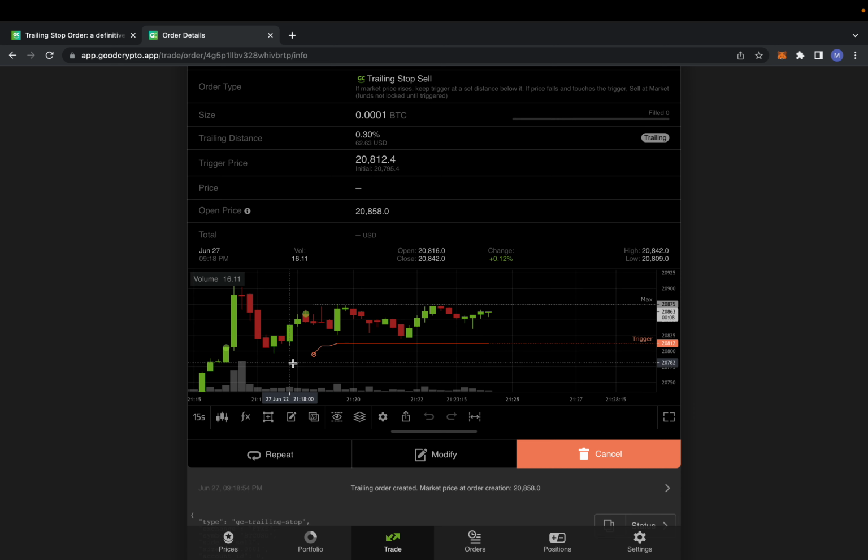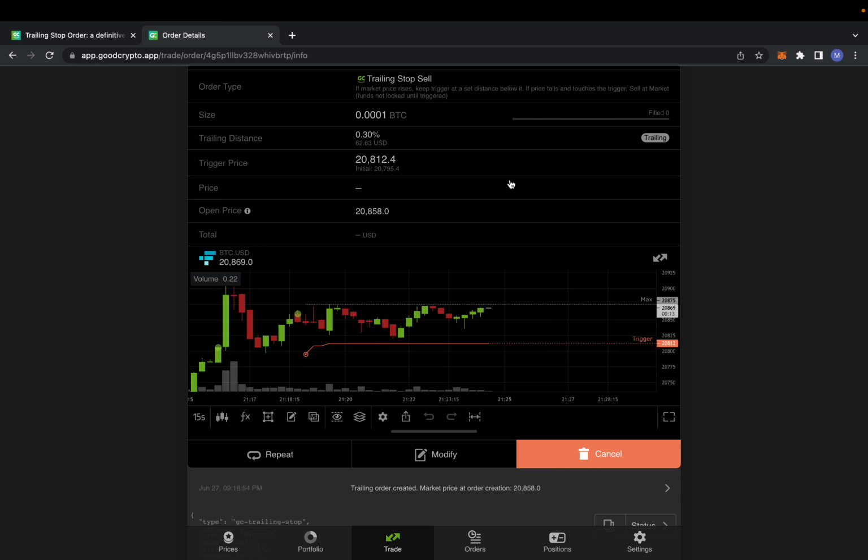So I want to ride a strong move up, and when that strong move up changes and the direction and the trend change, that's when I want to sell short. That's when I want to enter a short position. And that's what trailing stops are trying to achieve.